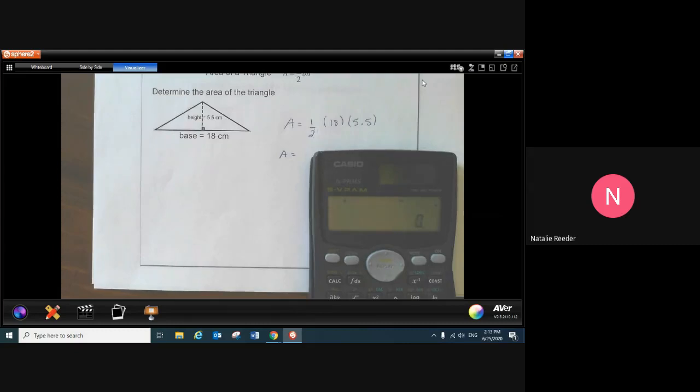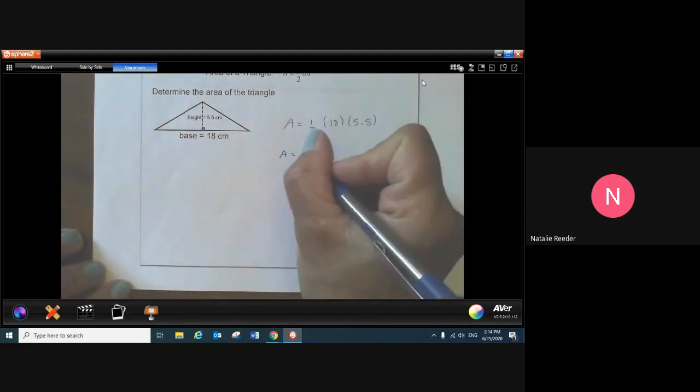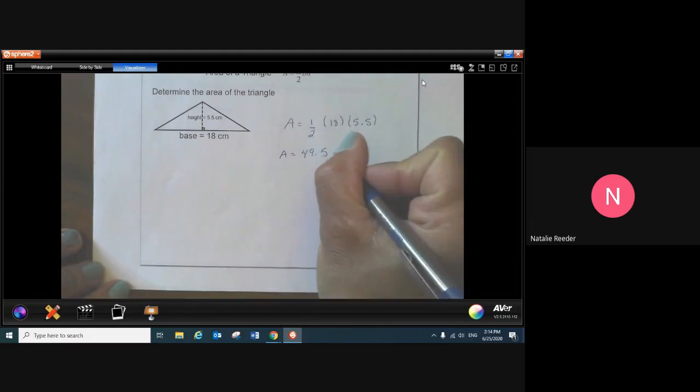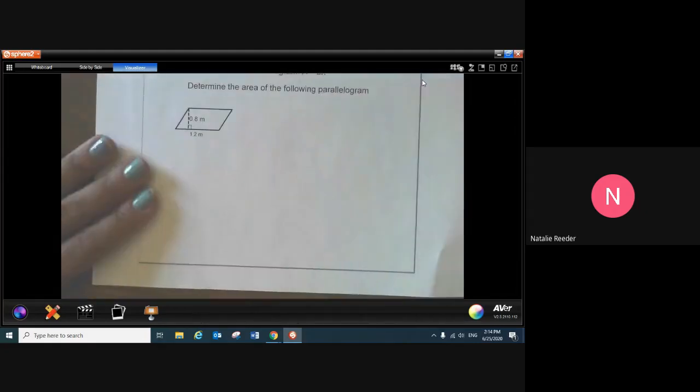Or if that mixes you up, we could change our fraction, since a half is equal to 0.5. So we'll go 0.5 times 18 times 5.5, and it would give you the same thing, which is 49.5. Our area is 49.5 centimeters squared. All right, so those are done.